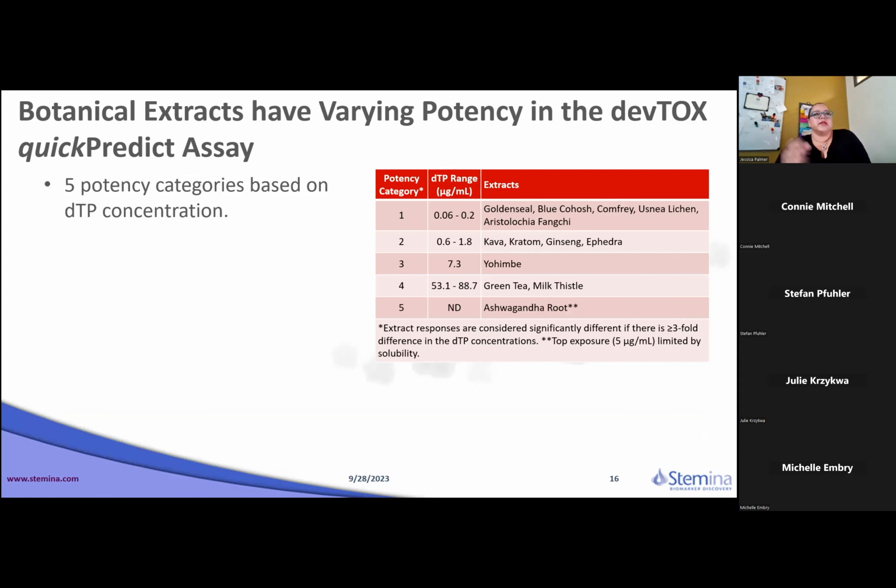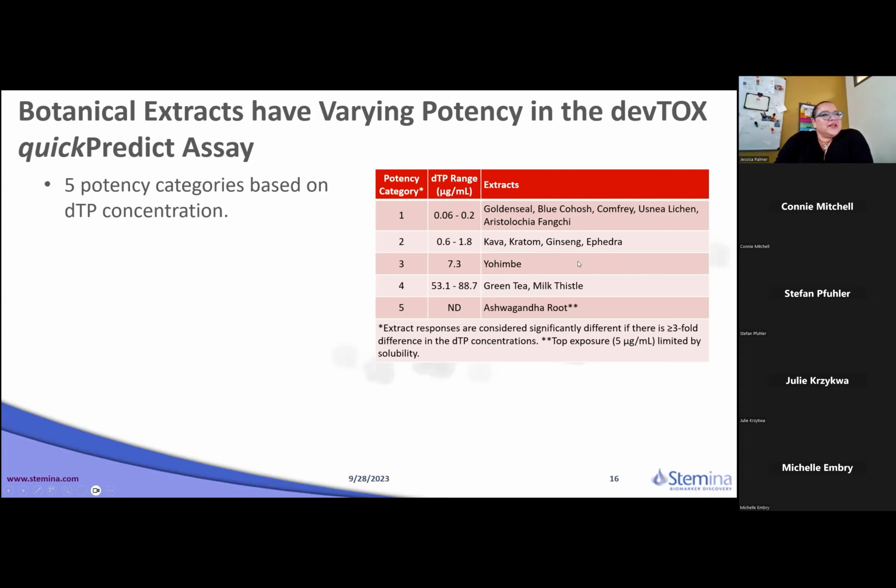Like on the graph, you can see that the cells are responding to these compounds not only at similar concentrations, but also with similar shaped dose response curves. So the most potent compounds in the assay were golden seal, blue cohosh, comfrey, Usnea lichen, and the Astragalus fangji. Sorry, I haven't had to pronounce very many of these out loud, just in my head.